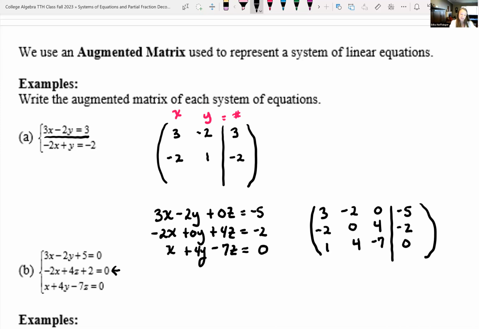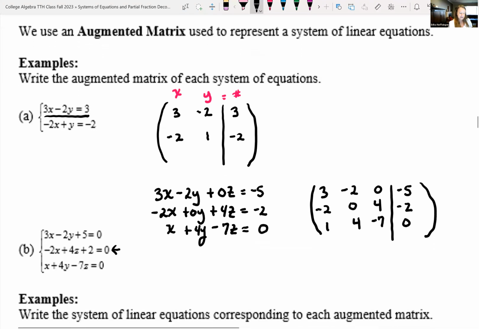So this matrix is just a way to reorganize our equations. It's just that we're using those coefficients and constants instead of having those variables in there. So we should be able to go the opposite direction. So given a matrix, we should be able to write the equations that are associated with that matrix.